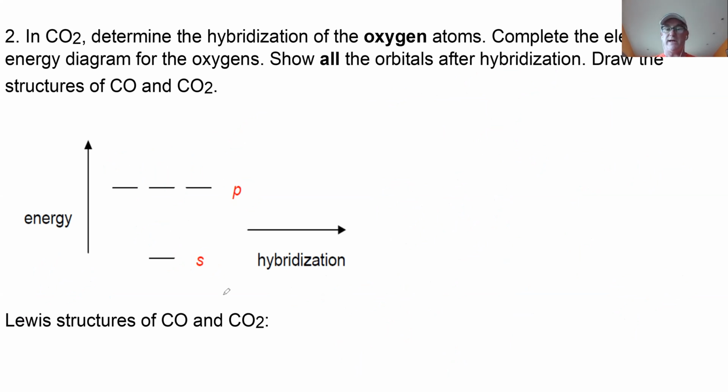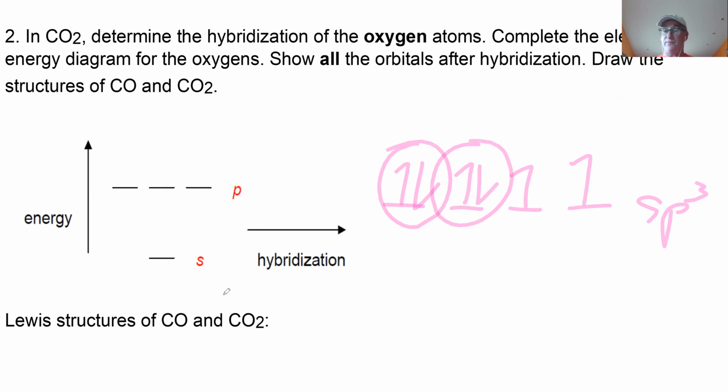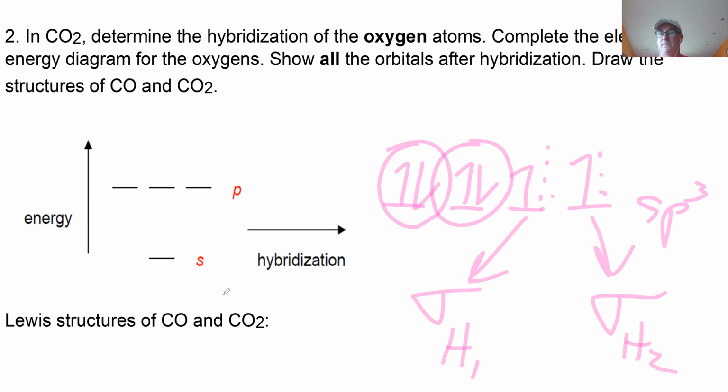Here we go. So when we need 4, we would do 1, 2, 3, 4 sp3. And we would fill in our single electrons one at a time. 1, 2, 3, 4, 5, 6. That's one of our lone pairs. That's the other lone pair. This forms a sigma bond with 1 nitrogen. This forms the other sigma bond with the other nitrogen.